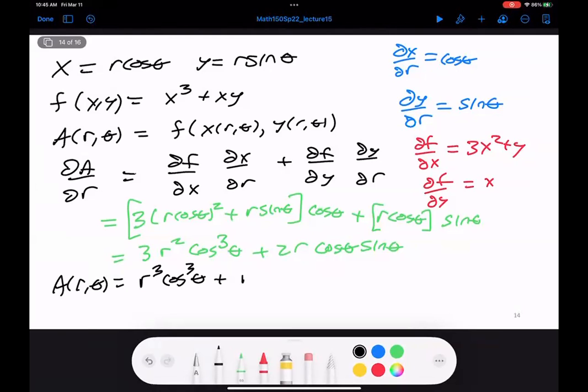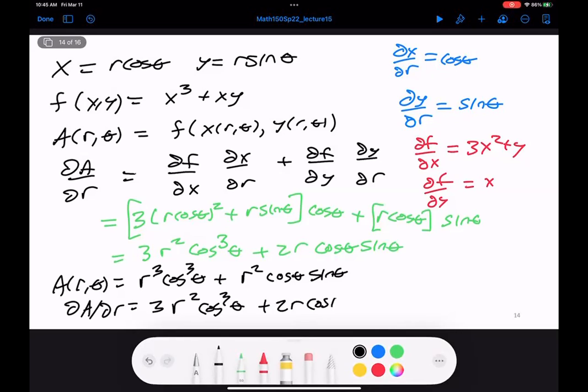And then the xy is going to become r squared cosine theta sine theta. So what's just dA dr? It's just going to be 3r squared cosine cubed of theta plus 2r cosine theta sine theta. So it checks.